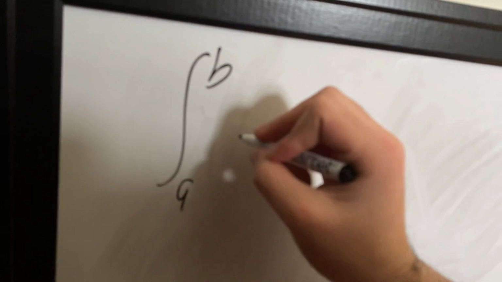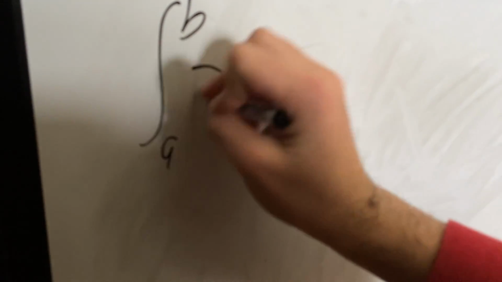from a to b of some function, let's just put z. I don't mean to have z as a variable. Z just represents some function.